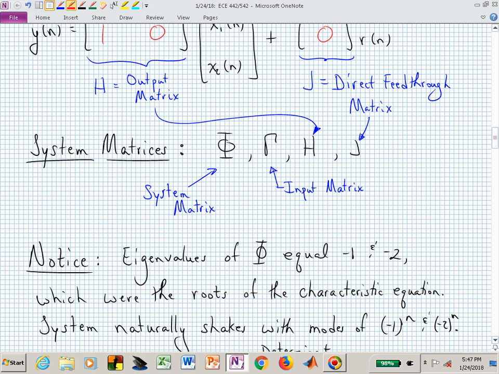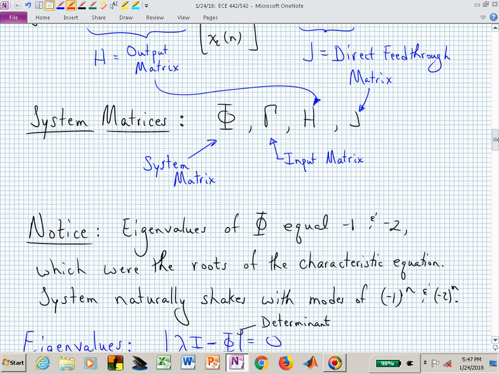And in this class, this is a controls class, we may want to introduce a controller to change those natural modes, because right now they're unstable. We might like to stabilize that system. That's one of our goals eventually. But right now we're just trying to understand what's happening.